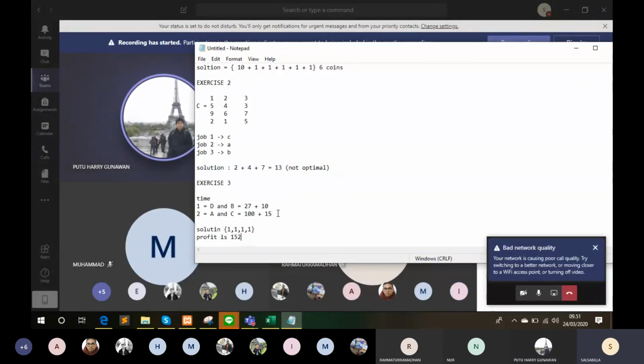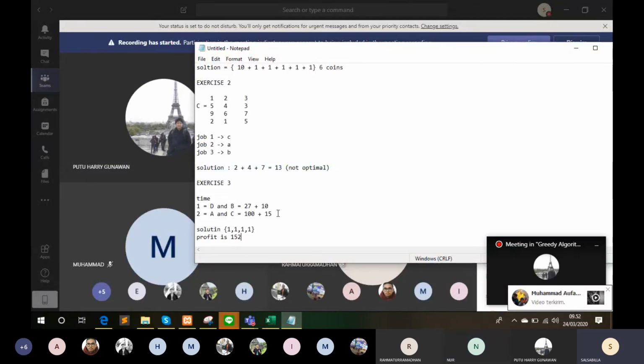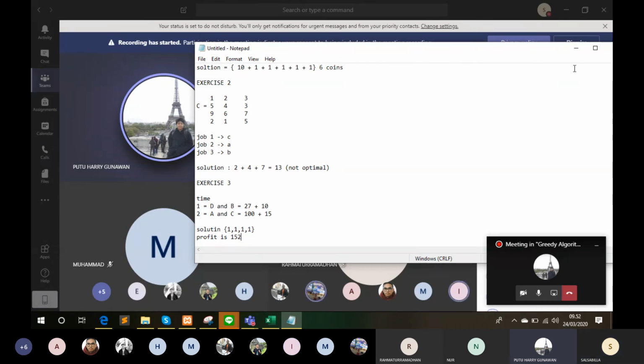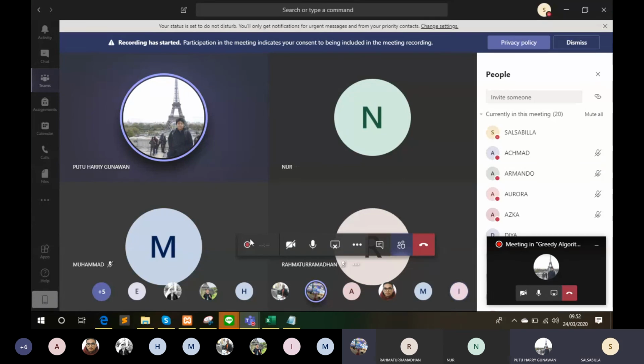Yeah, in time one we do the job D and B because the deadline is the same, one. No, you first sort. First sort the table and then choose the highest profit.